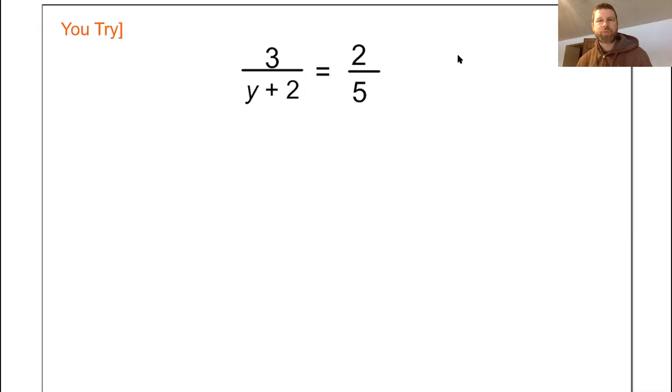So we're trying this one out on our own. Maybe get a piece of paper and pencil out. See if you can do that cross multiplying thing. When you get your answer, put your answer in the chat box so I can see it and see how well we're getting this thing.